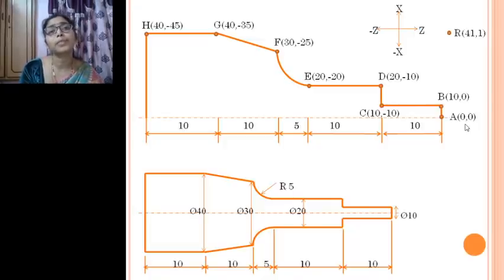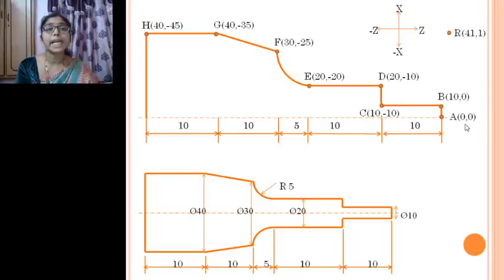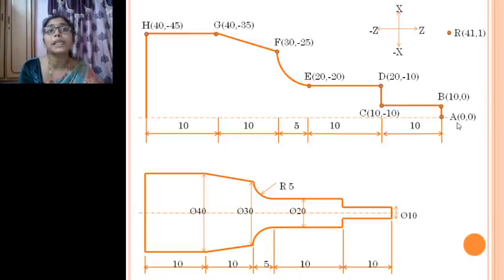So there is one other mode, that is incremental mode. In incremental mode, to write B, A will be my reference, and to write C, B will be my reference, and to write D, C will be my reference. That is, the reference point will be the earlier point.